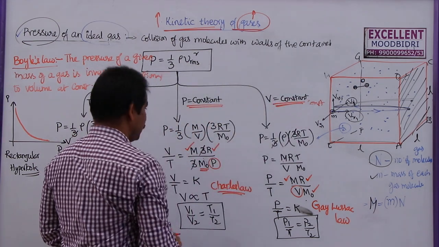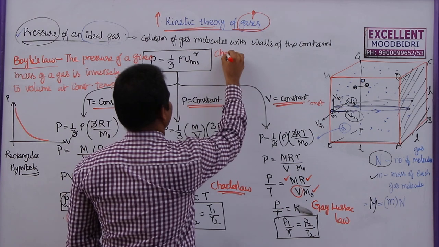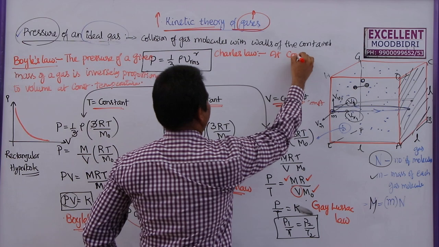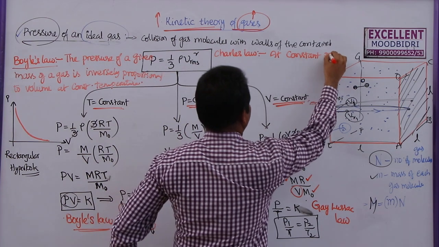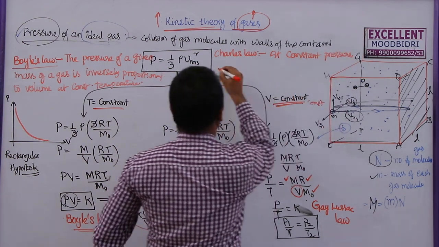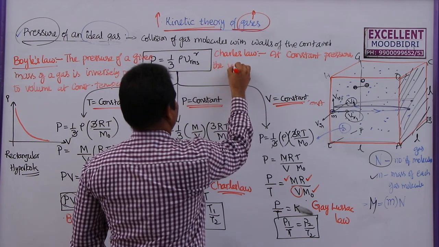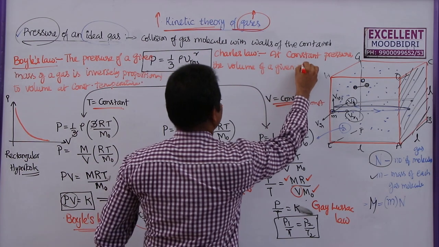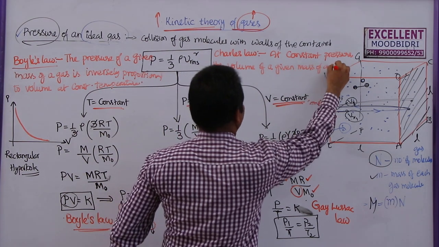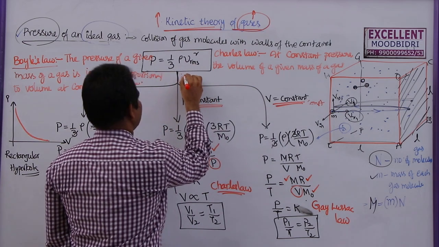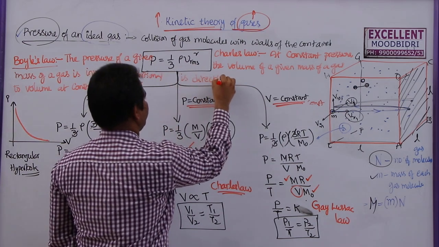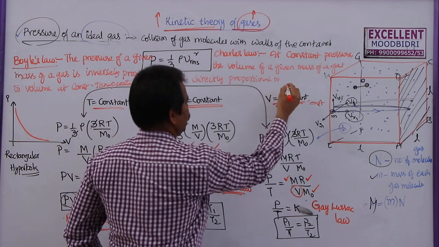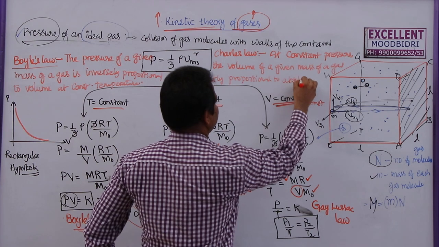Here I am going to write the Charles law: at constant pressure, the volume of a given mass of gas is directly proportional to absolute temperature.